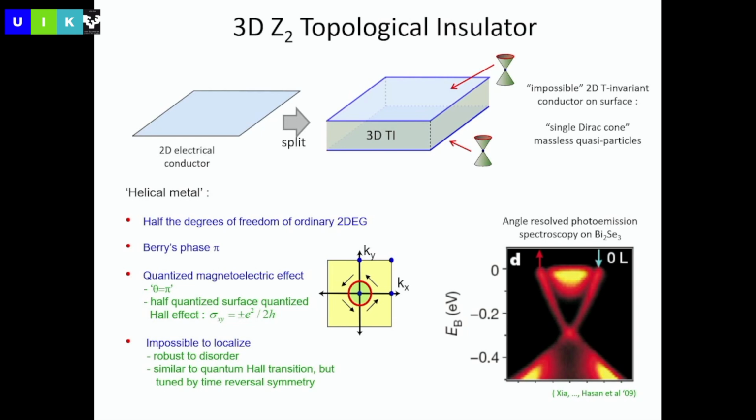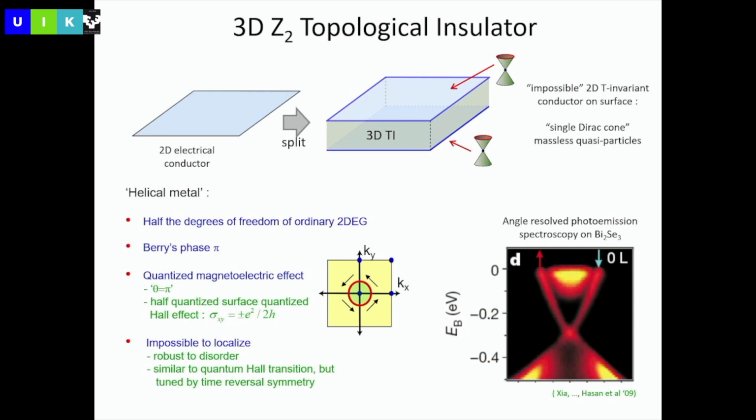That's what theta equals pi is telling you. Again, it's impossible to have a fractional integer quantum Hall effect, so this 1/2 is impossible, but it is possible on the surface of a topological insulator. Of course, you can't have the top surface without also having the bottom surface, and that's the way you get around the impossibility. You always have 1/2 plus 1/2.